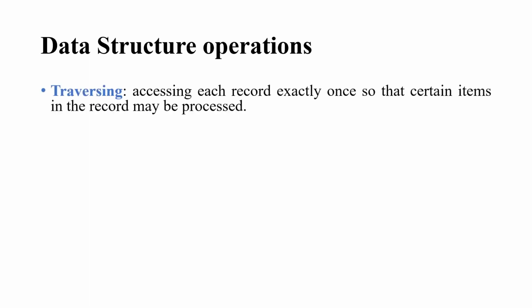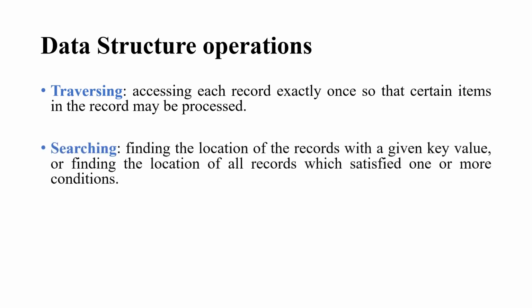The basic operations which we can perform on a data structure are, first, traversing: accessing each record exactly once so that certain items in the record may be processed. Second is searching: finding the location of the record with a given key value, or finding the location of all records which satisfy one or more conditions.